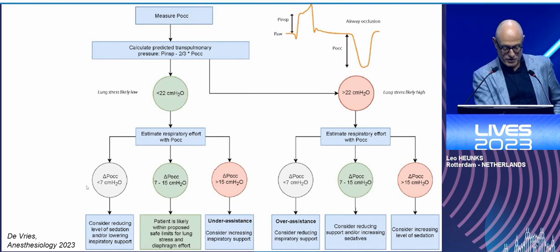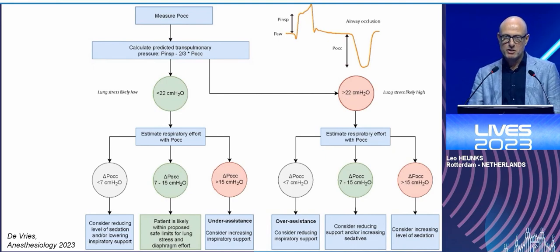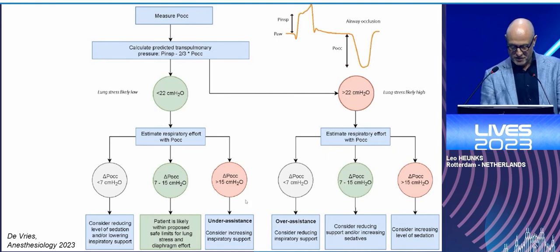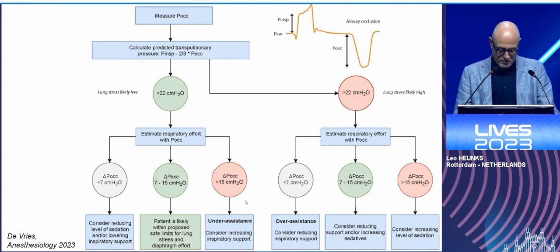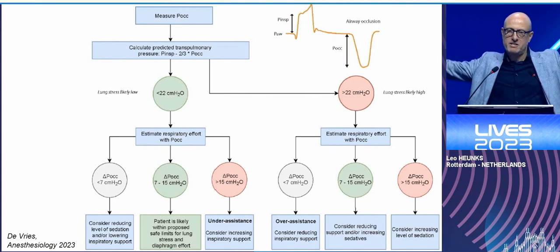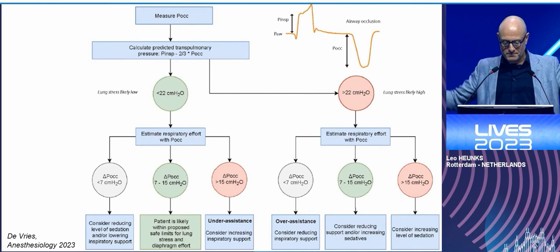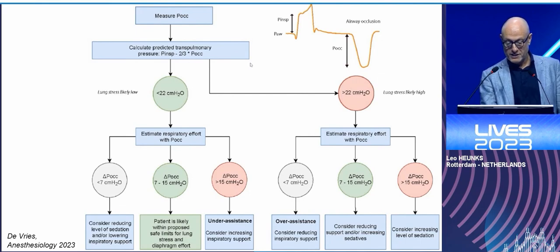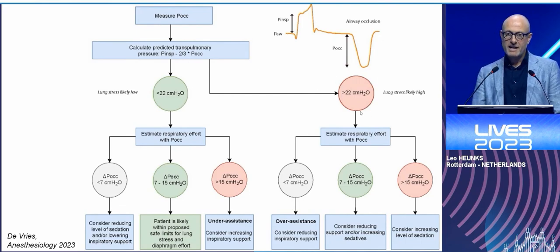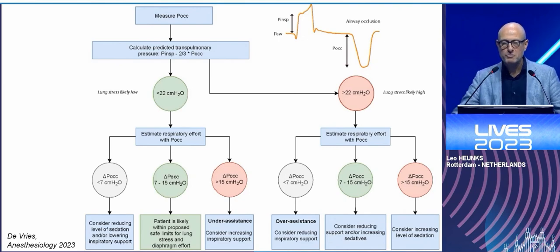If diaphragm effort is low, you could consider reducing the level of sedation or lowering inspiratory support. If effort is high, there's probably under-assistance, then you could consider increasing the level of support. On the other hand, if you calculate transpulmonary driving pressure, and it's high, more than 22, and the occlusion pressure is low, probably the patient is in over-assist, so you could reduce your level of inspiratory assist.